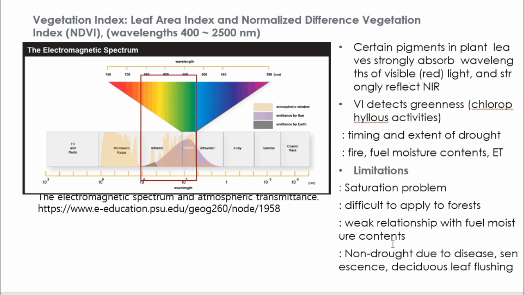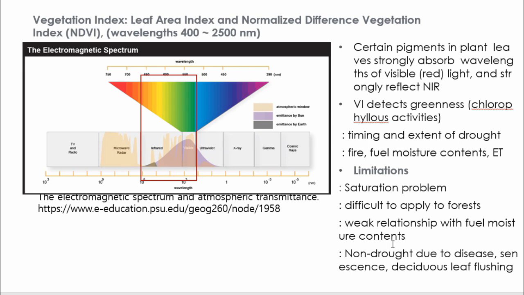And the relationship with soil moisture and fuel moisture is quite often very weak. And even in a non-drought situation, you can still lose chlorophyll content, like when there's a disease or infection by pests, or if the trees and forests are aging, or deciduous leaf flushing.